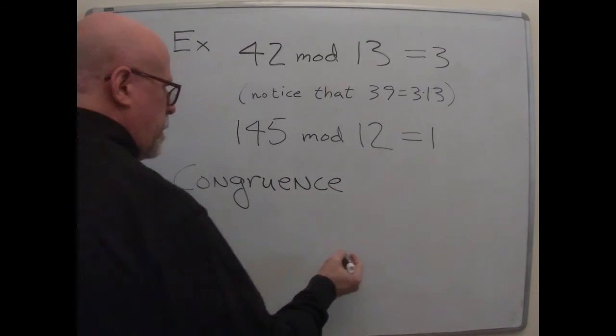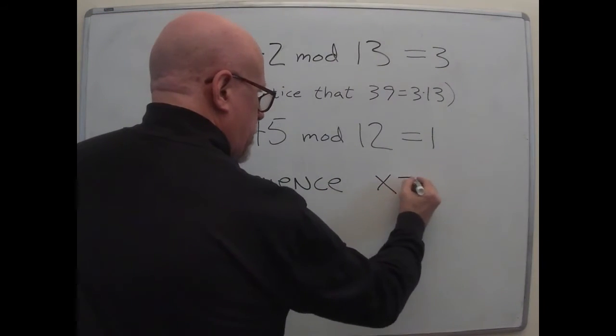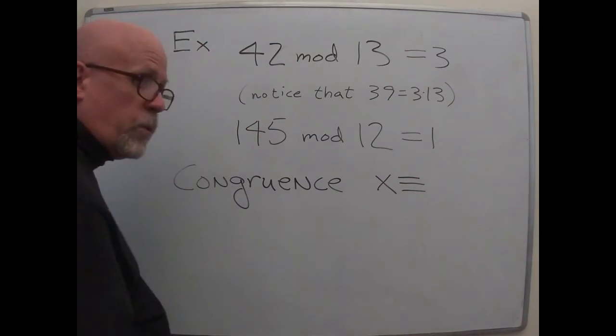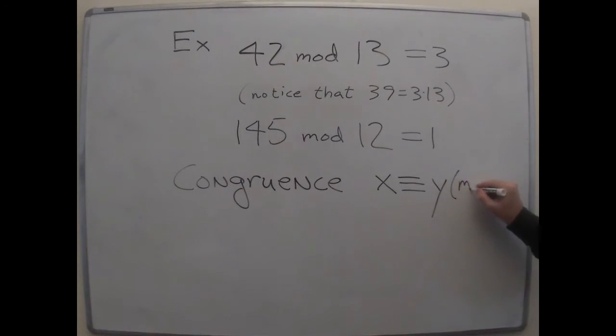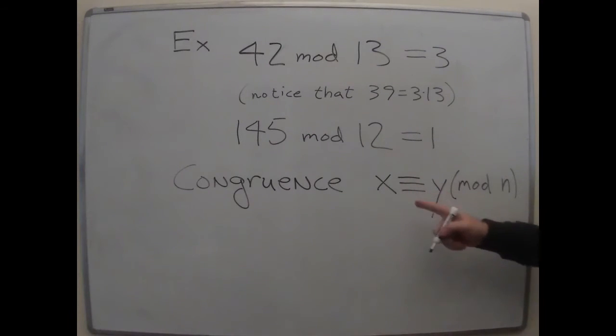Basically, you write it something like this: x is congruent, triple bar equal sign, to y mod n. And what it really means is these two numbers have the same remainder.